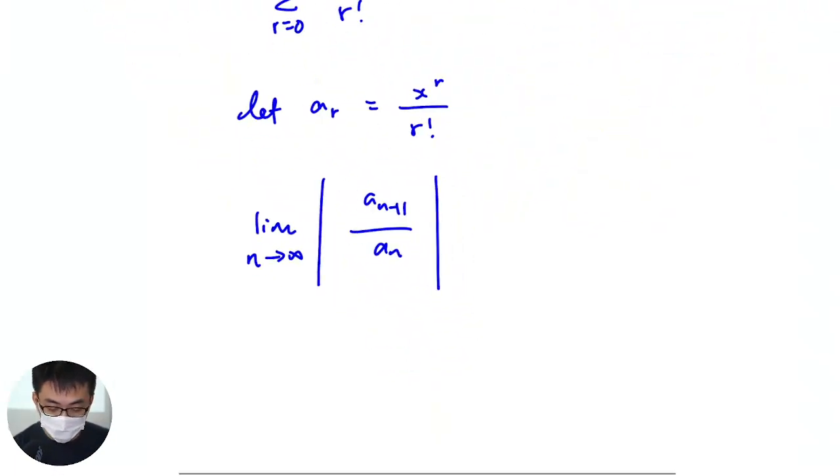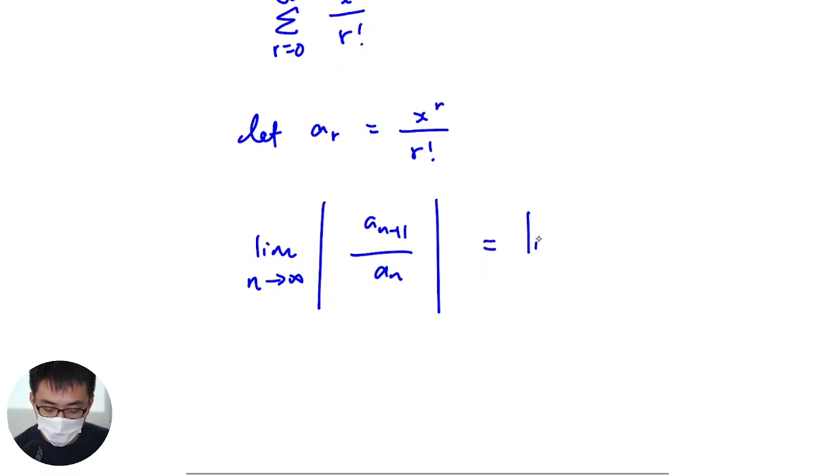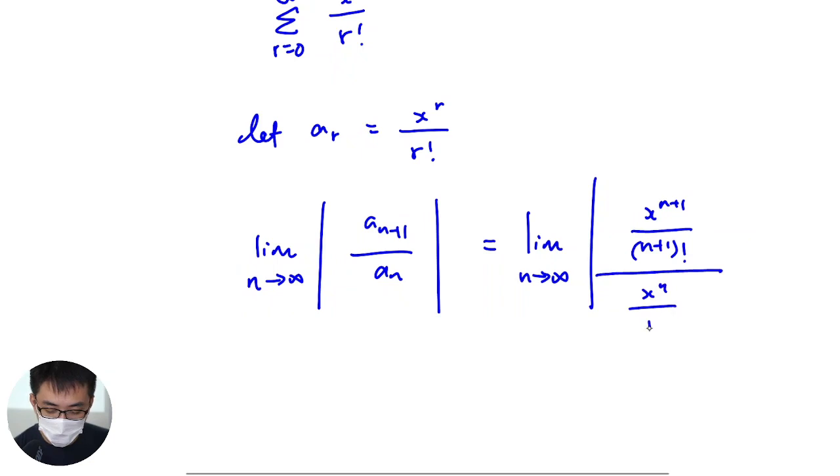If it's less than 1, then yeah. So this will be the limit as n goes to infinity of x^(n+1) over (n+1) factorial, over x^n over n factorial.